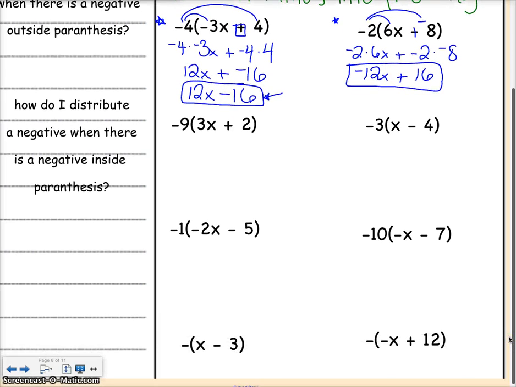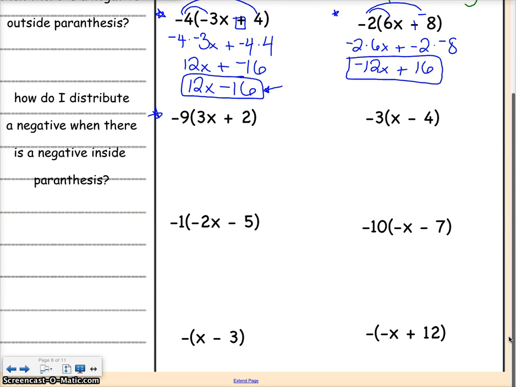Okay, the next one, negative 9 times 3x plus 2. So I'm going to distribute my negative 9. Well, go ahead and put the rainbow. A lot of kids do that at first so their eyes know, hey, I need to do it to both of the terms inside the parenthesis. So I'm going to go negative 9 times 3x plus negative 9 times 2. And then I do the multiplying.